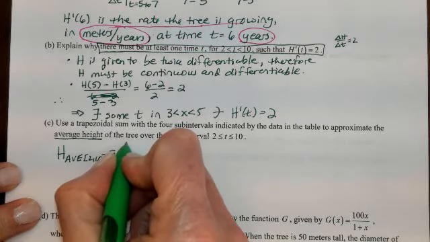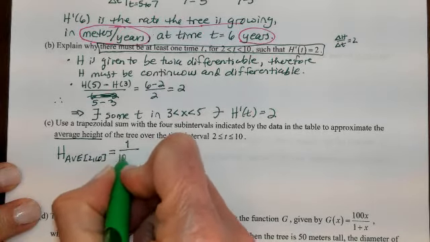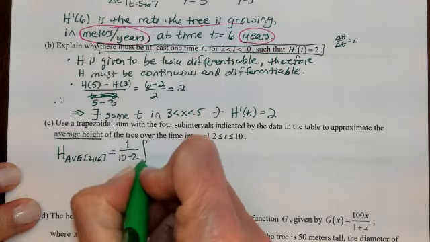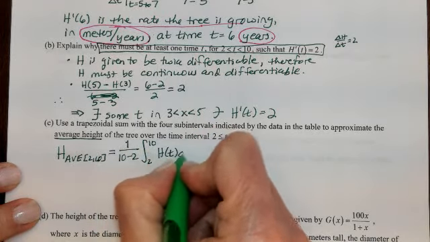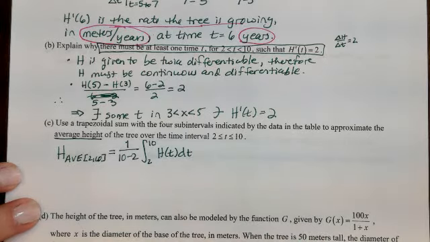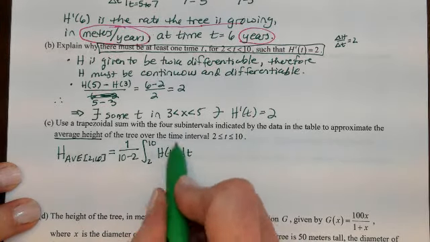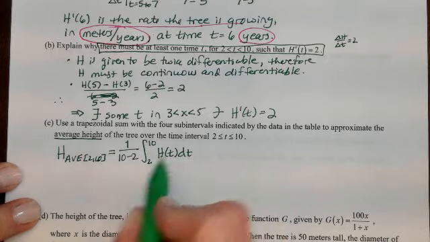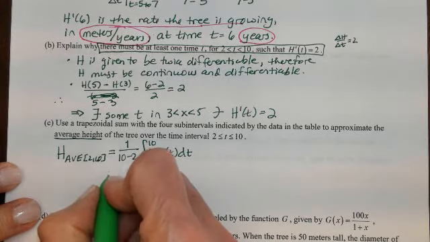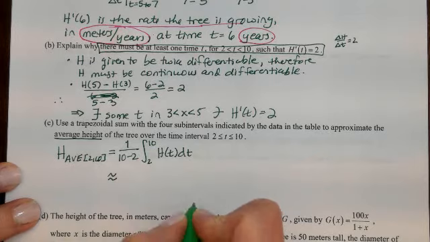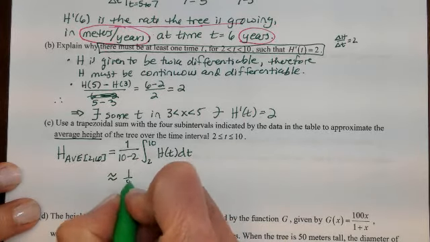will be 1 over 10 minus 2 integral 2 to 10 of h, right? So the trapezoidal sum will approximate this part, but we need to make sure we keep this part. So now I'm going to say it's approximately equal to 1/8.